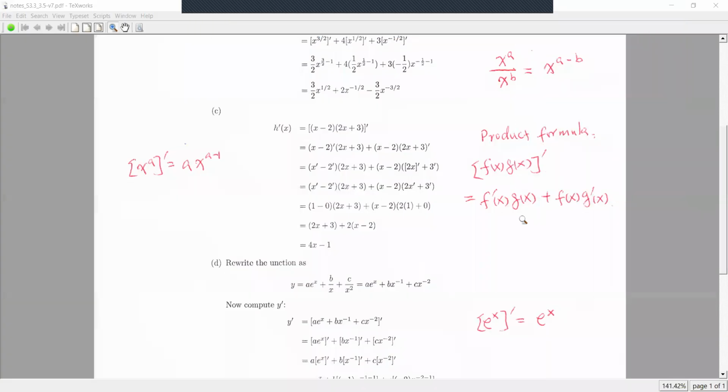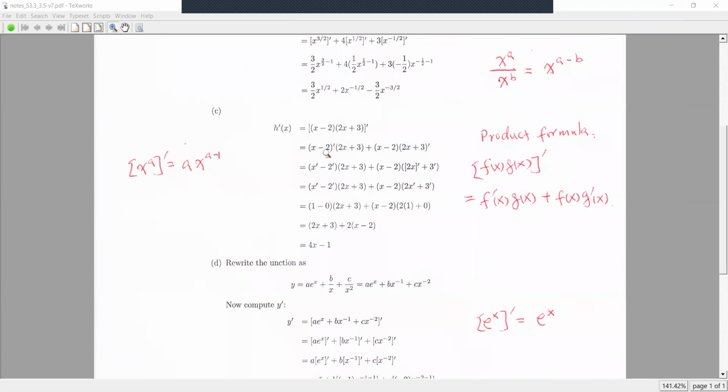By the product formula, the derivative is equal to derivative of the first function, x minus 2, times the second function, 2x plus 3, plus the first function times the derivative of the second function.